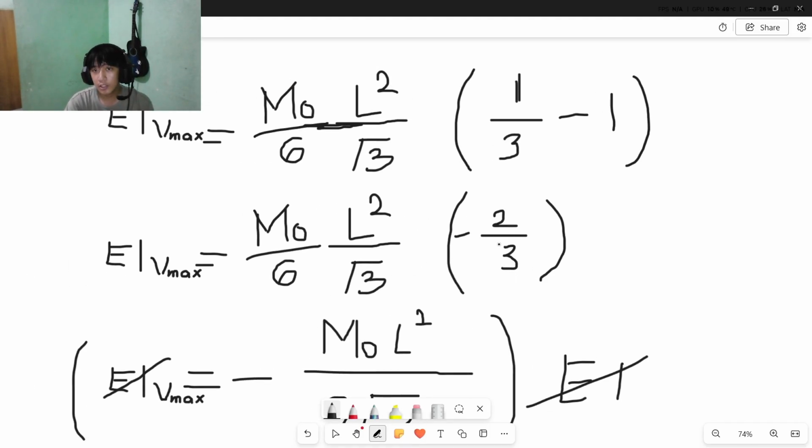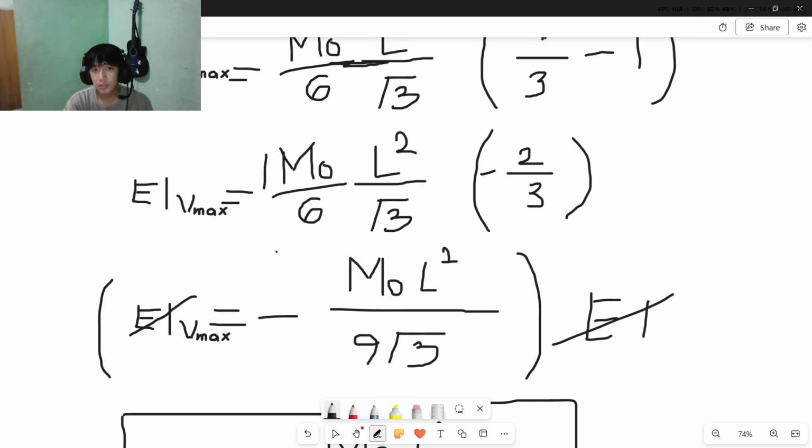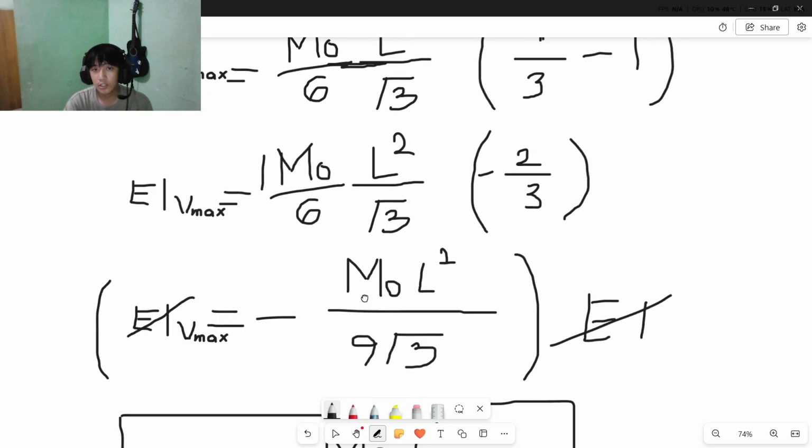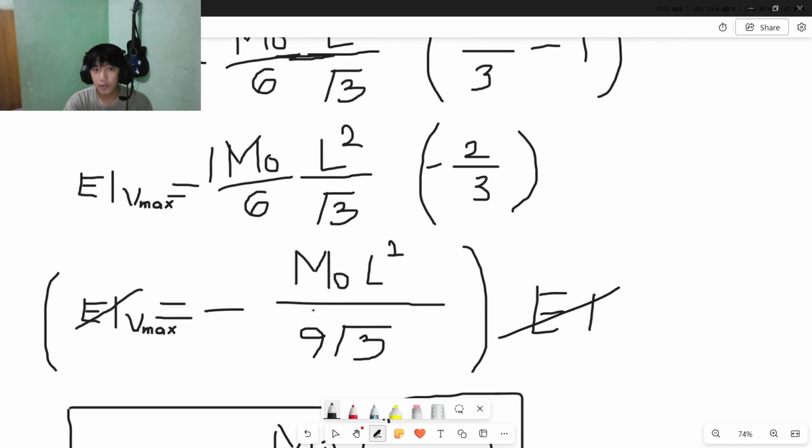So if we multiply that to this side, it's going to be 1 over 6 here. So negative 2 over 3 multiplied by 1 over 6 is going to be negative 1 over 9. So there we have our value of negative m sub o times L squared over 9 times the square root of 3.